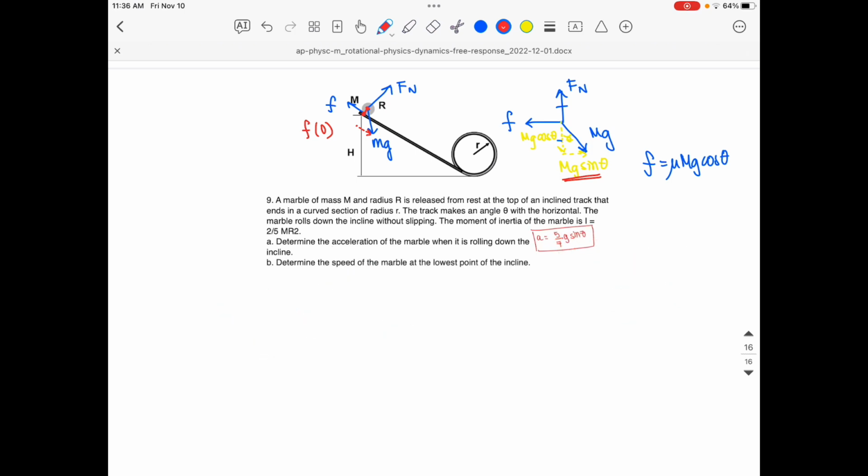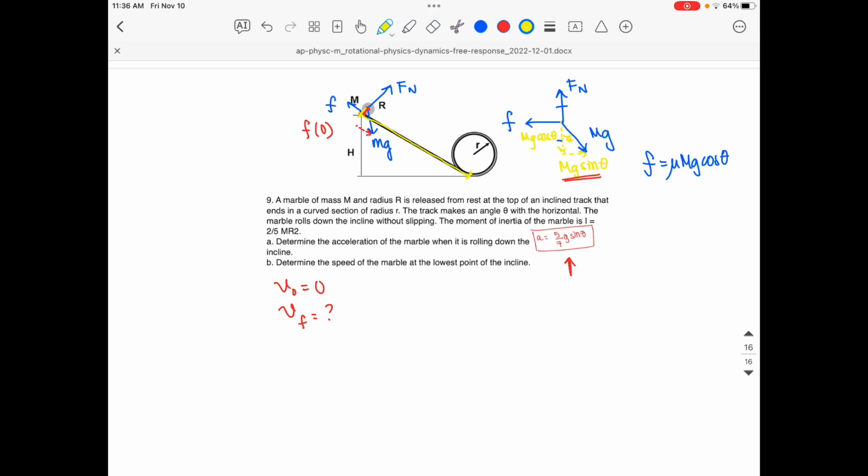For part B, we're trying to find the speed of the marble at the lowest point of the incline. We've got a here. We can say that the initial velocity starts at rest. We're trying to solve for v final, and we need a distance. So the distance in which it's falling is actually this distance right here.